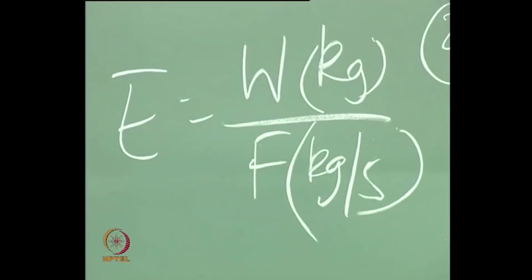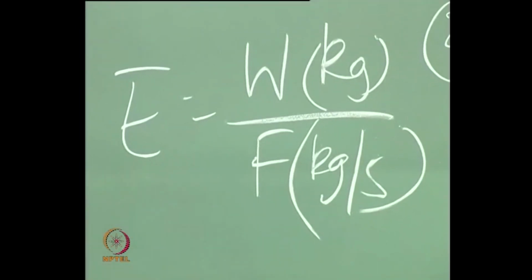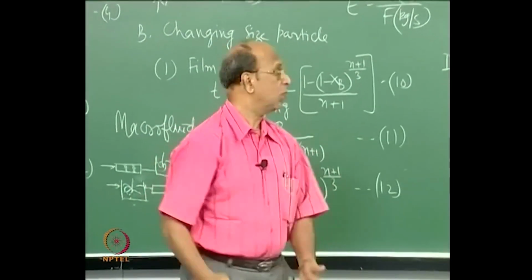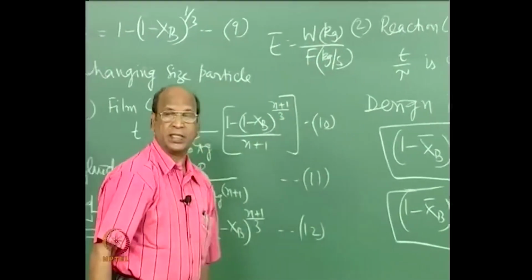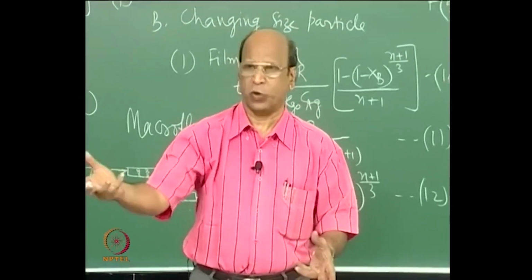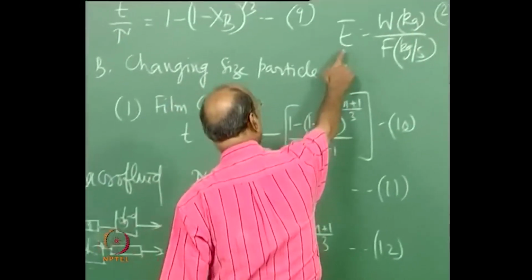So, t bar I know now. Okay. So, we have to find out this t bar if x bar is known. If t bar is given to you, I will say that I have so much holdup inside the reactor, and I know F, the flow rate, that is actually your input here. Okay. So, then I can calculate t bar.